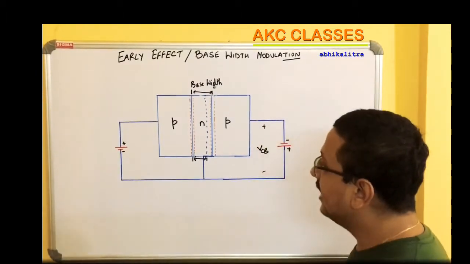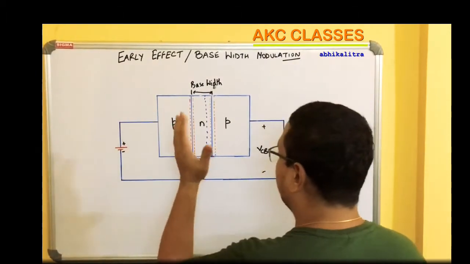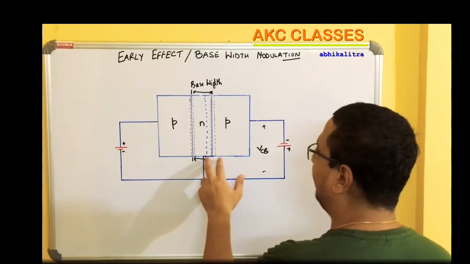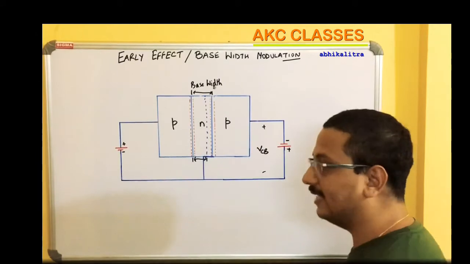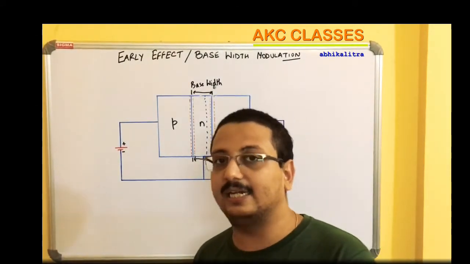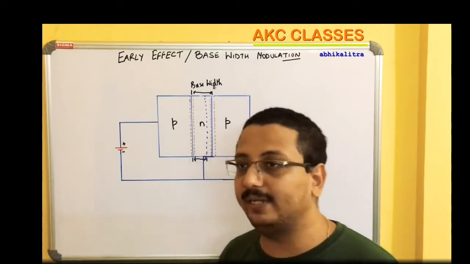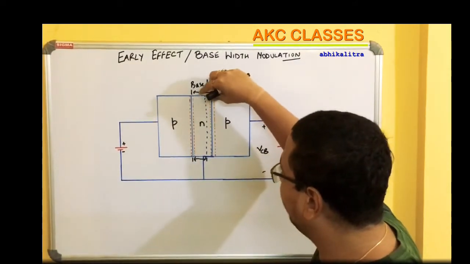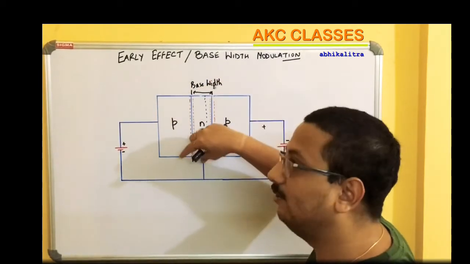Then a large number of holes cross the depletion region between the base and the collector and reach the collector section, and the effective collector current also increases very rapidly, which was not happening previously, right? Because the effective base width was not reduced at that time.